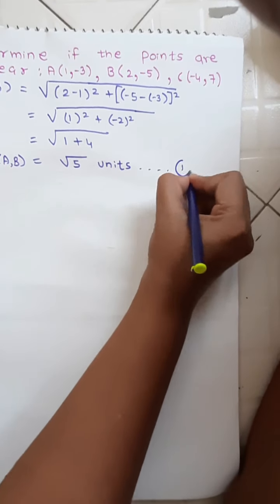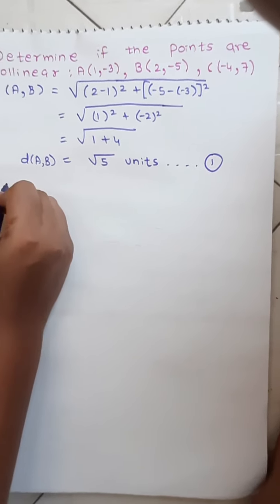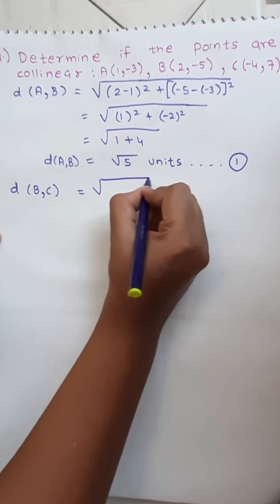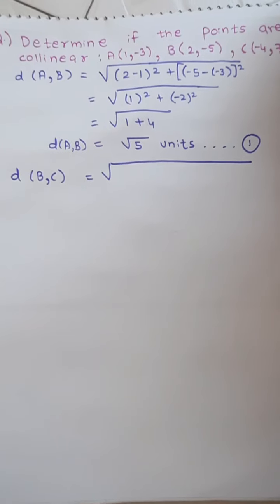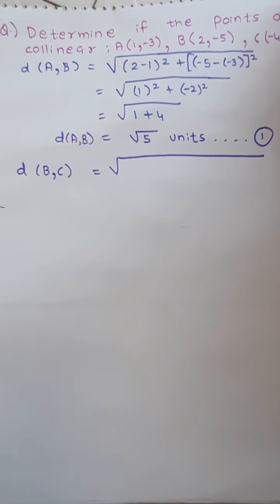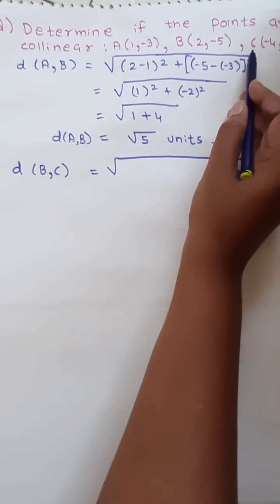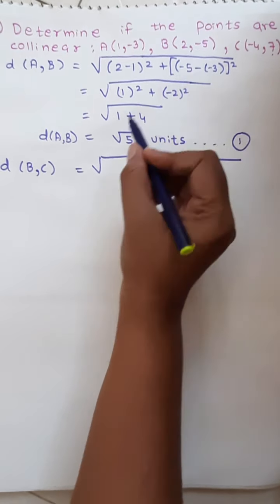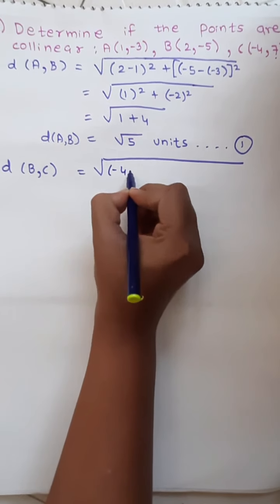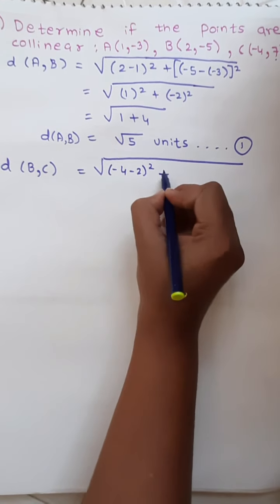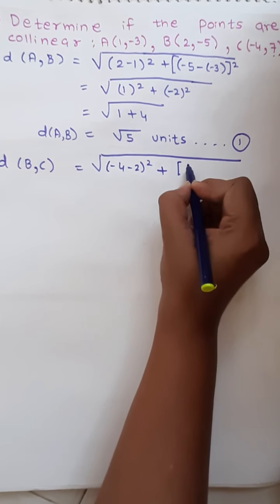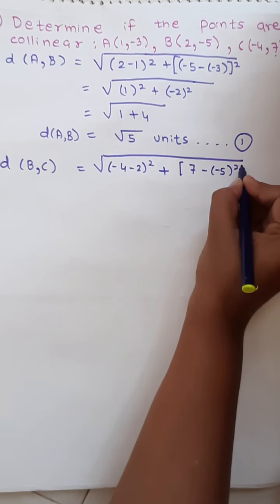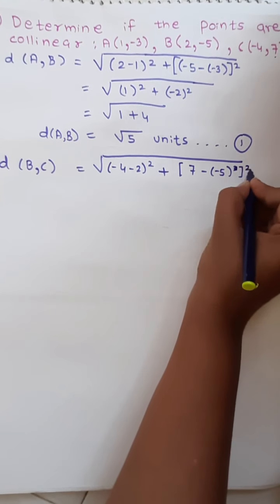Mark it as 1. Next I am going to find the distance of BC. Again same, x2 minus x1 whole square plus y2 minus y1 whole square. So we'll just write it. So it will be minus 4 minus 2 whole square plus 7 minus 5 whole square.